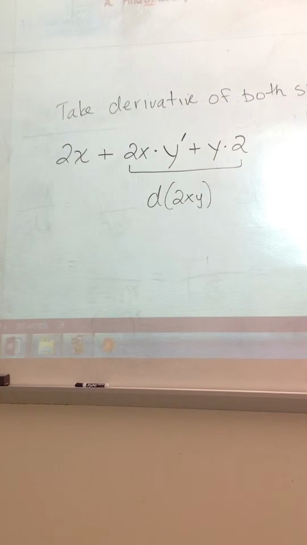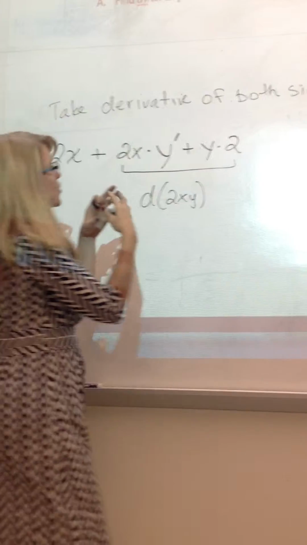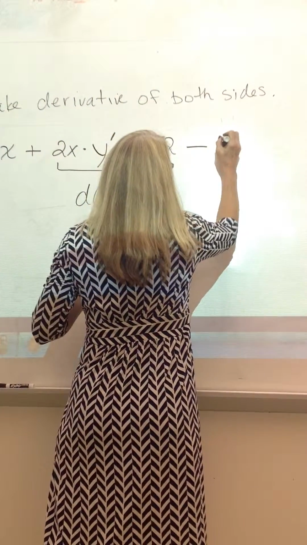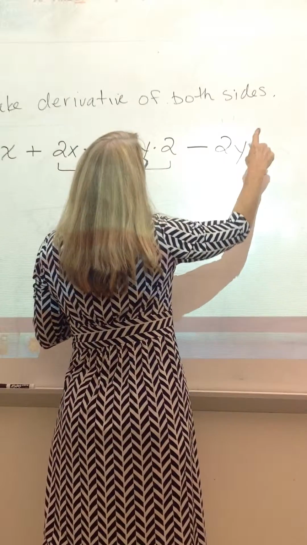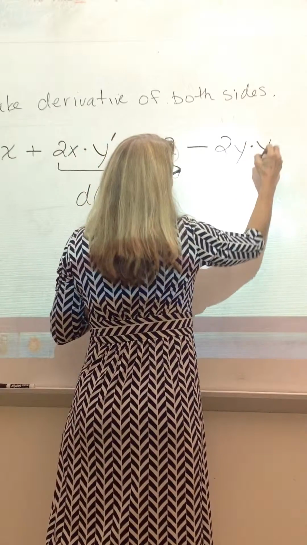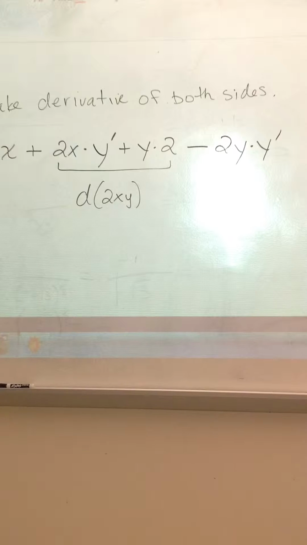And then the third term, y is some function of x, and it's plugged inside of a square. So minus 2y is taking the derivative of the outside, and then times y prime is the derivative of the inside.